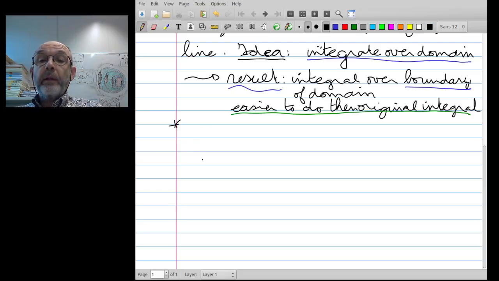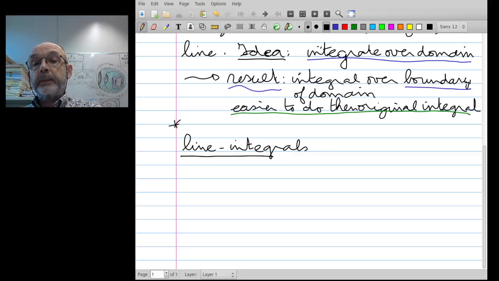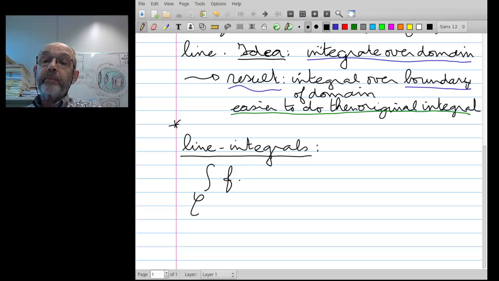First of all, line integrals. So, what to do then? So there is an integral. You have some curve, and you have some function ds. So you integrate a function over that curve.